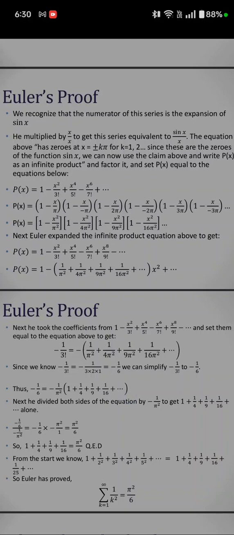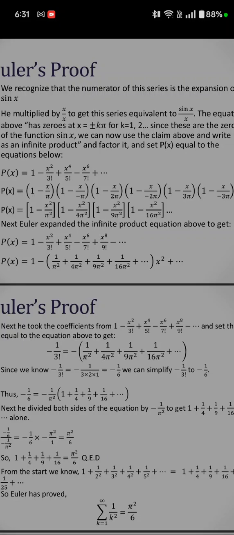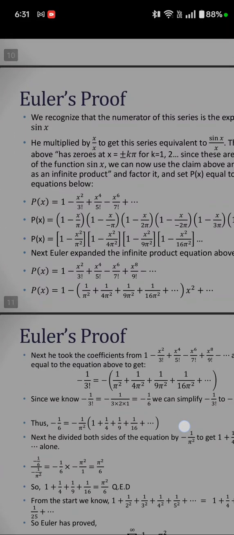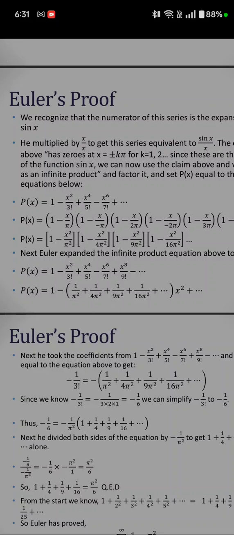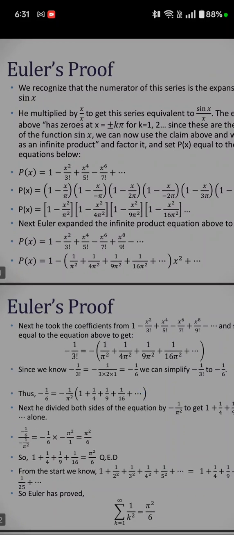Yes, this, the term in front of the x square is the coefficient, and in p(x) the above equation is 1 minus 1 upon 3 factorial x square.